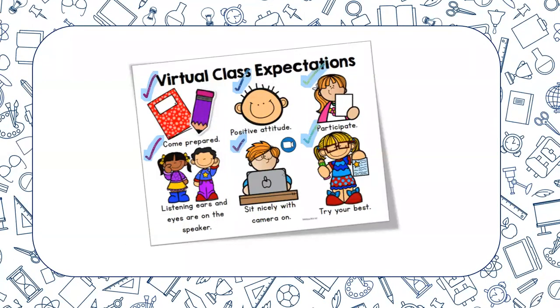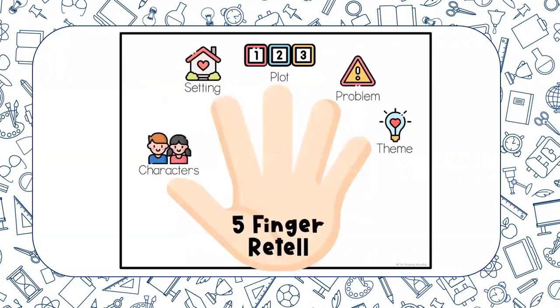Okay, students, let's go ahead and review stories. So when we read a story, we know that we have different characters that are in our story. We have a setting, that's where our story takes place. We have the plot of our story, so what happens in sequence. We have our problem. What are the characters' problem in our story? And we have a theme.